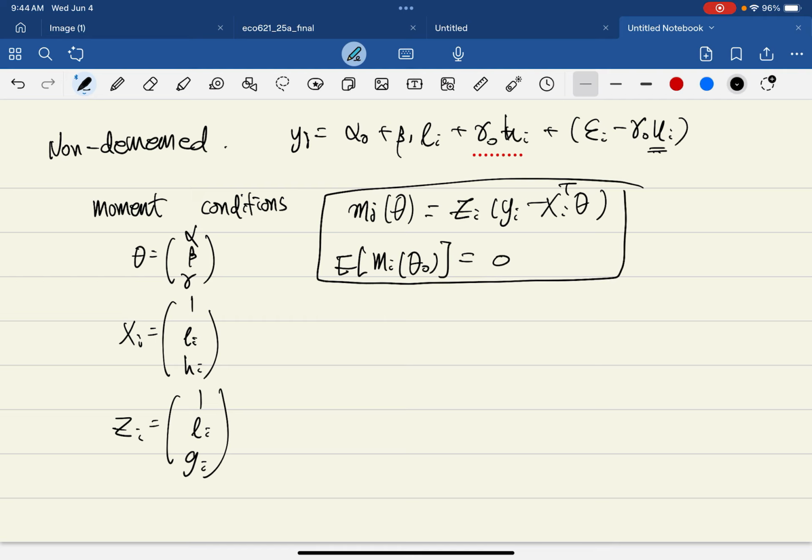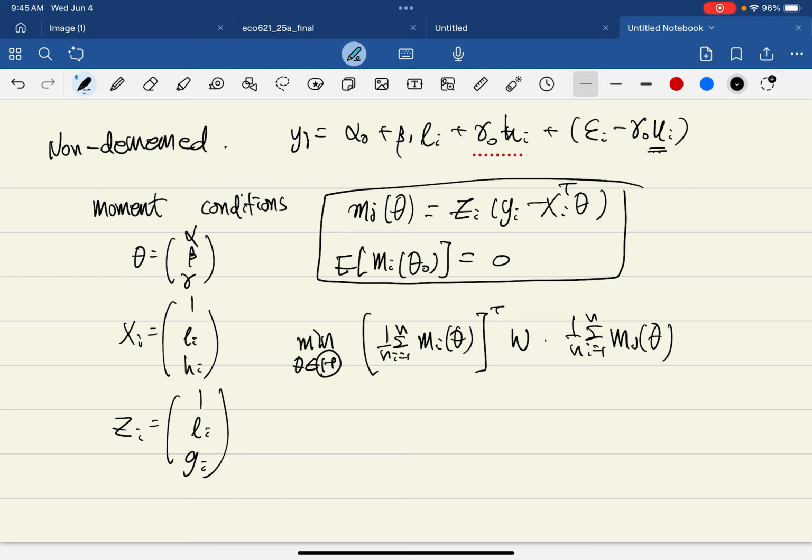From your data, what we are going to do is minimize over theta in a parameter space big Theta, where the sample moment function is weighted by W.